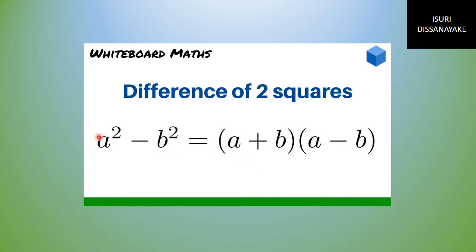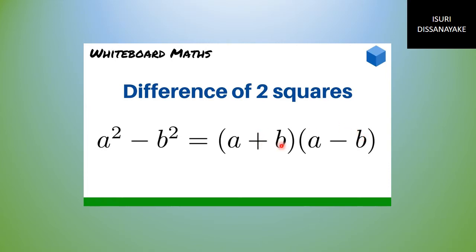You will write it as (A plus B) and the other bracket is (A minus B). What do you mean by this? When you multiply A times A, you get A squared. When you multiply A times minus B, it is minus AB.